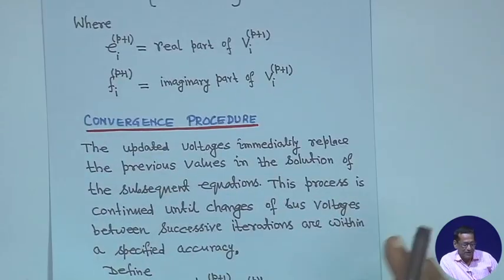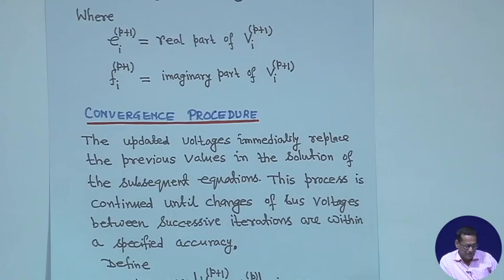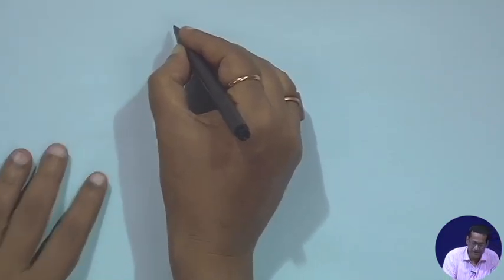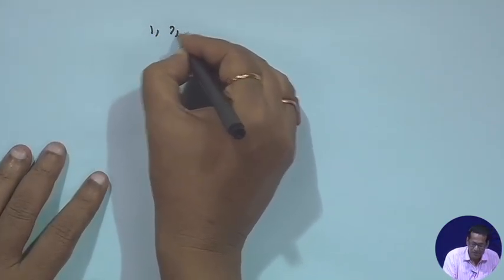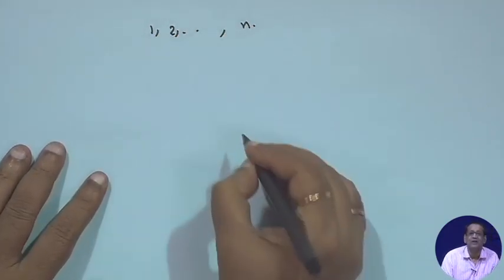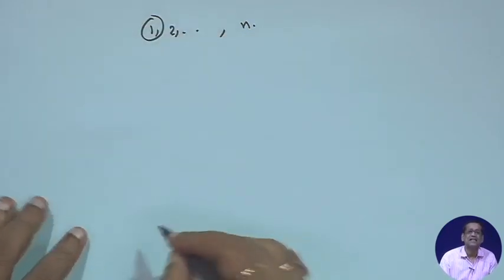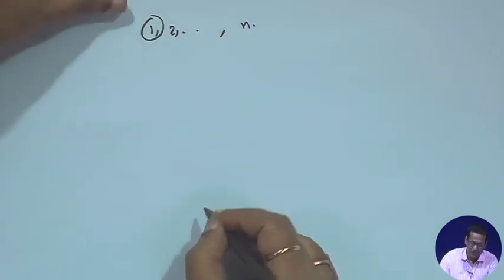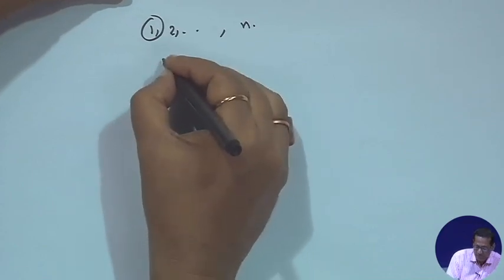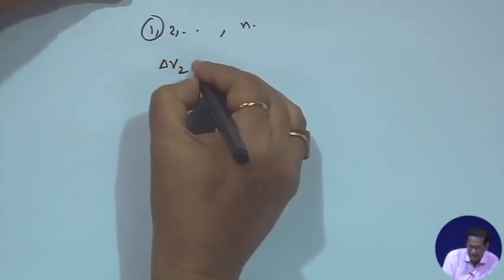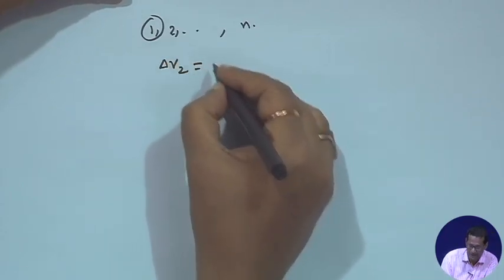Next is the convergence procedure. Suppose you have an n bus problem, with buses 1, 2 up to n, and suppose bus 1 is the slack bus. Then you calculate delta V2 in the Gauss-Seidel method.